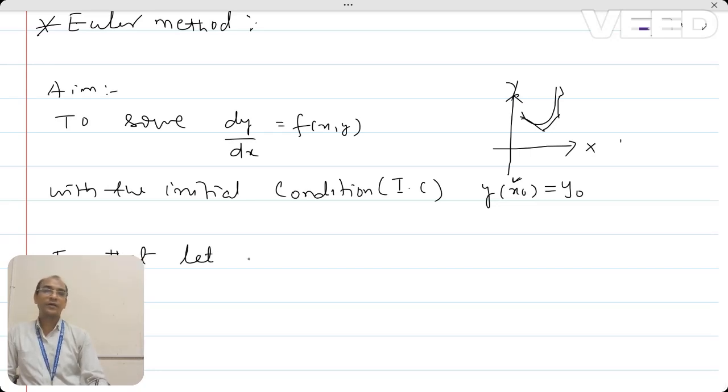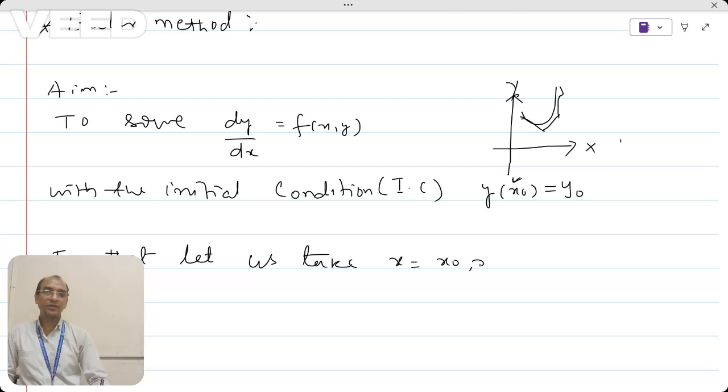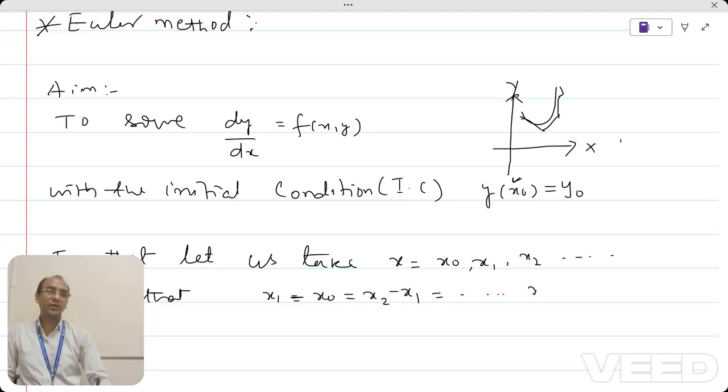For that, let us take x values, which will be x0, x1, x2, and so on, such that the difference between two consecutive values, that means x1 minus x0 is equal to x2 minus x1 is equal to, and so on, so xi minus x(i-1) should be h.